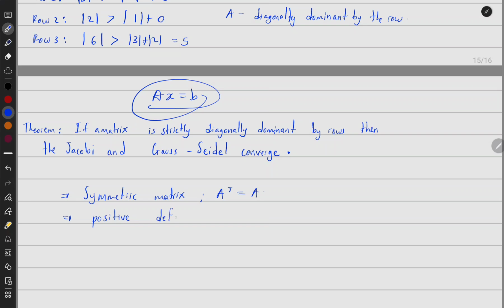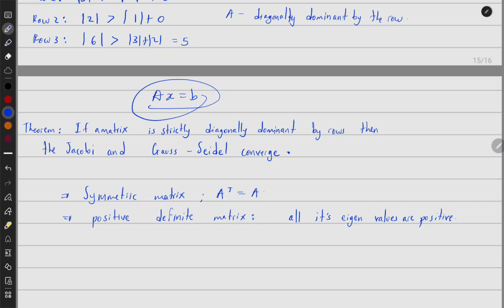A matrix is said to be positive definite if all its eigenvalues are positive.